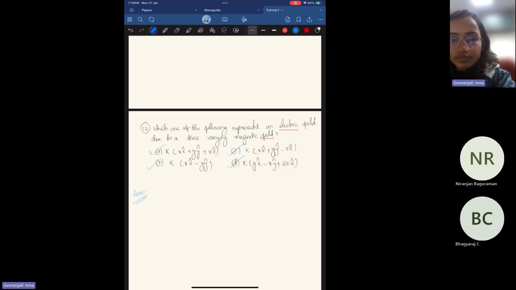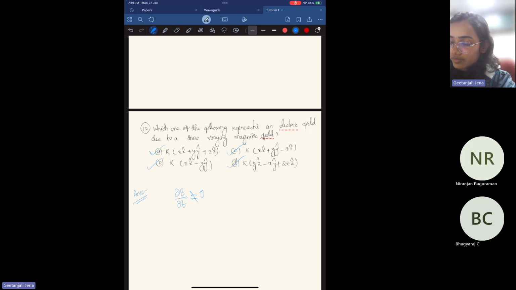For an electric field to represent a time varying magnetic field, the dou B by dou t term should be non-zero. If it is zero, then there is no time variation in the magnetic field, and the electric field doesn't correspond to a time varying magnetic field. But if it is non-zero, then it will.